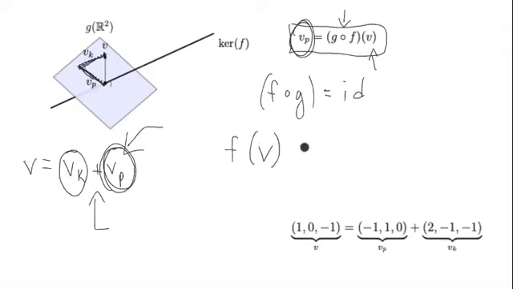Okay, let's compare these two guys. So F of V and F of VP. Let's just look at those for a minute. If we think of VP as being this guy, G of F of V, let's just replace VP with G of F of V in what I wrote.